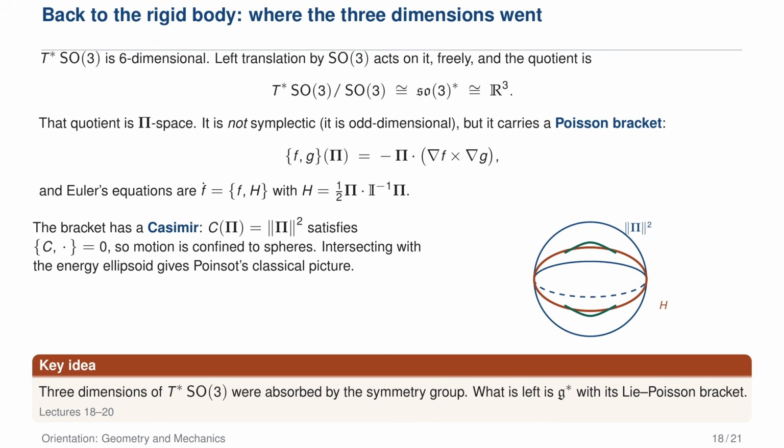That bracket also has a Casimir, a function whose bracket with everything vanishes, namely the squared length of pi. So the motion is confined to spheres. Intersect those spheres with the energy ellipsoid and you recover Poinsot's classical picture of rigid body motion. Three dimensions of the phase space were absorbed by the symmetry group. What is left is the dual of the Lie algebra with its Lie-Poisson bracket.